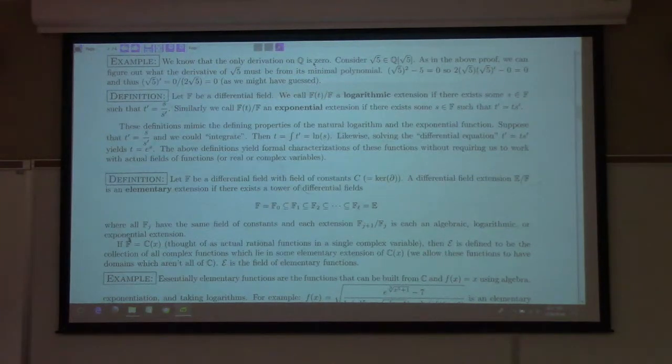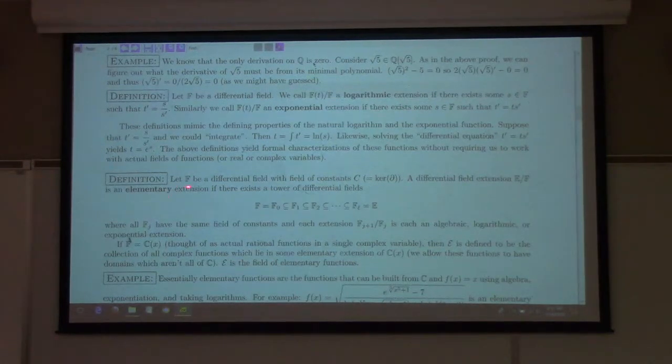But anyway, rest assured there's something called a logarithmic extension and an exponential extension, and these are pretty simply defined by something like that or that. In other words, we're adjoining an element T or an element S, which satisfies this kind of differential equation as it relates to the derivation, which is given.